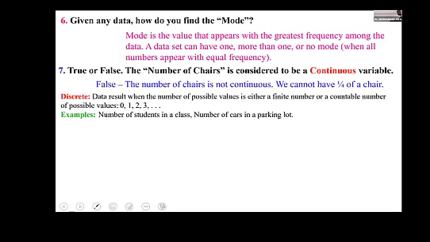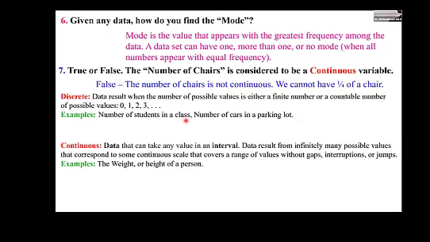Discrete data results when the number of possible values is either a finite number or a countable number of possible values, such as 0, 1, 2, 3. By the way, those are considered whole numbers. Number of students in a class, number of cars in a parking lot, and things of that nature.